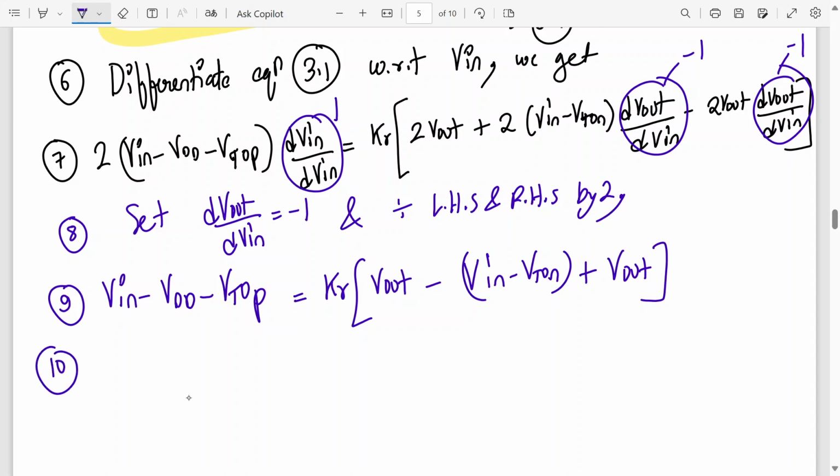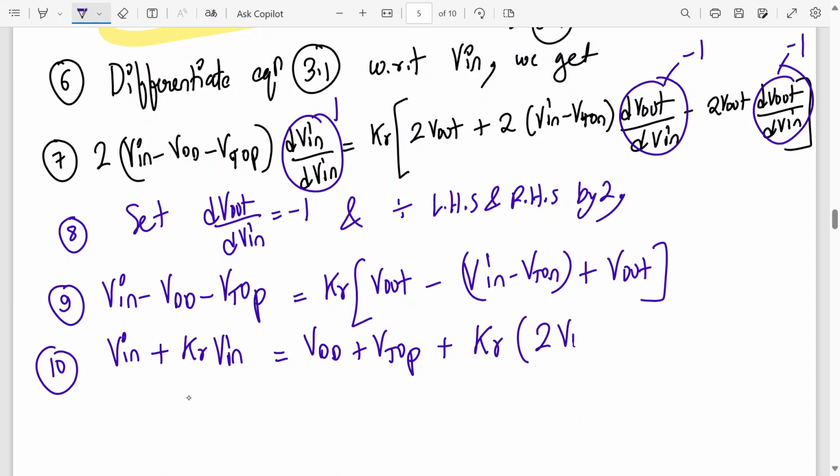So now we club the terms of V in together. What do we get? V in, and we bring this V in together over here, plus KR into V in is equal to, then we can send these terms to the right hand side, so it will be VDD plus VTOP plus KR into twice V out plus VTON.